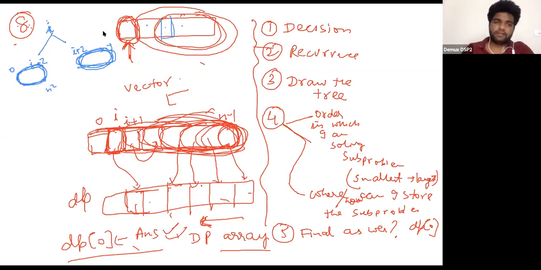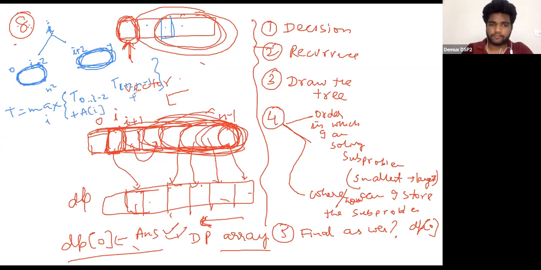What is the recurrence? Think about the recurrence for this entire relationship. The answer is basically the maximum across all i. Let's say you chose house i as the first house, then you will be left with t of 0 to i minus 2 and t of i plus 2 to n minus 1, right? And plus ai obviously in both the cases, and maximum across all the i's.